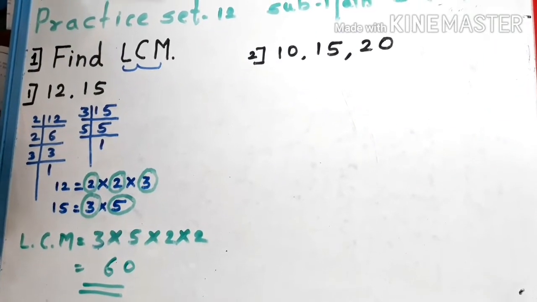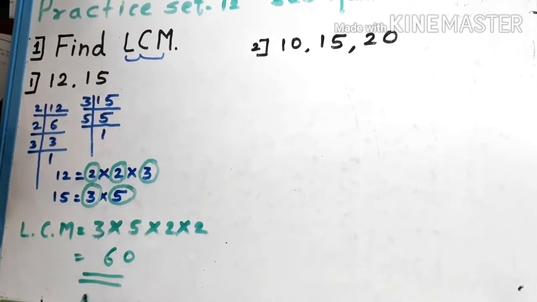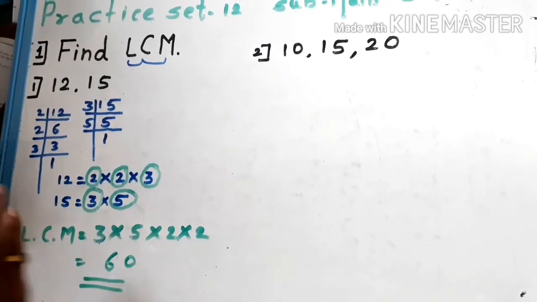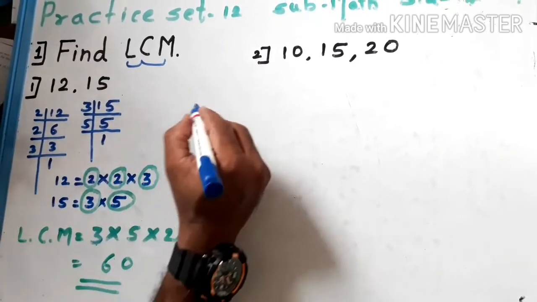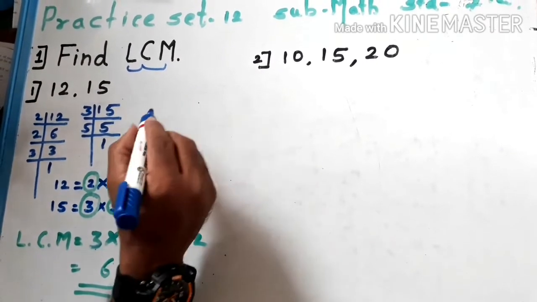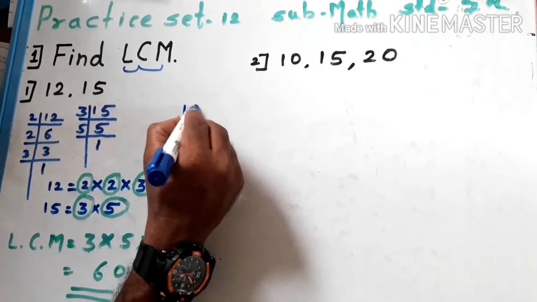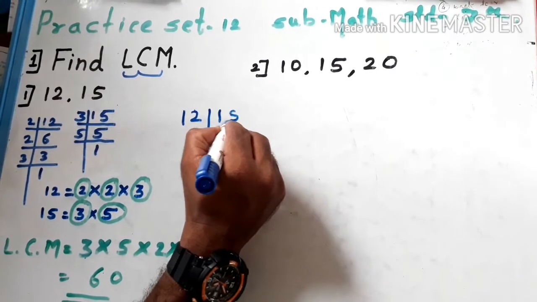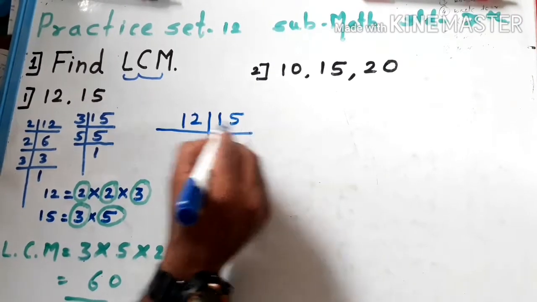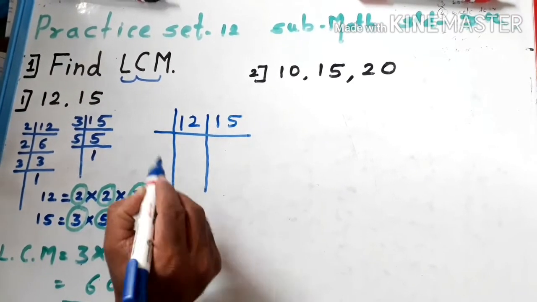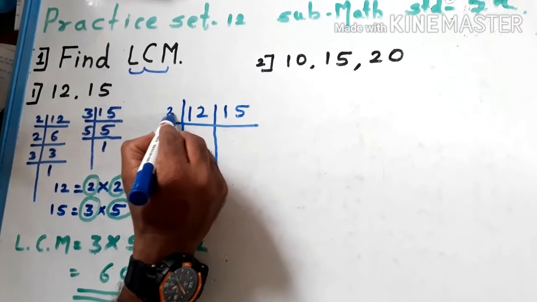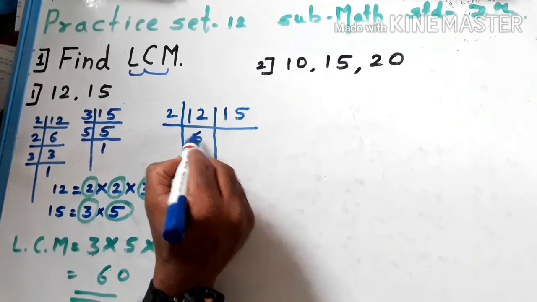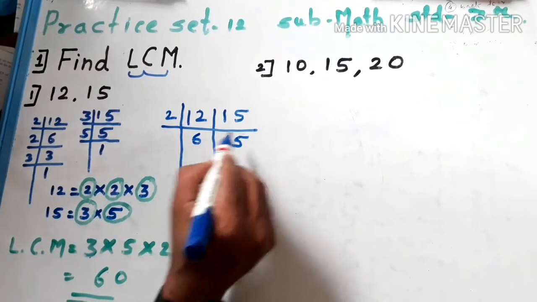This is one method to find LCM. Another method is very simple. Take the factorization of both numbers in this way: 12 and 15. Factor in the same manner.